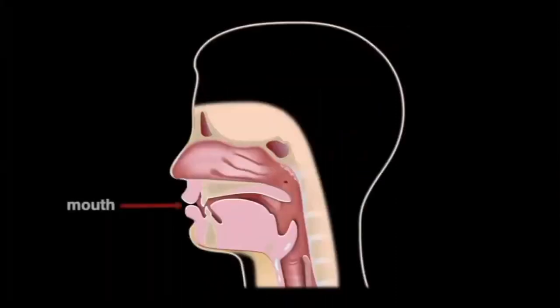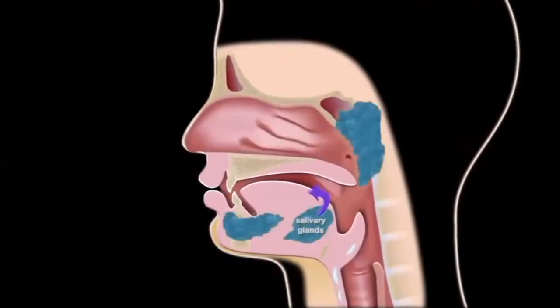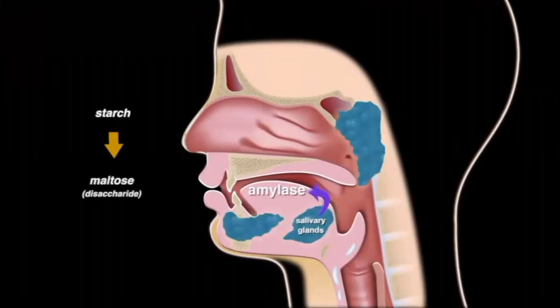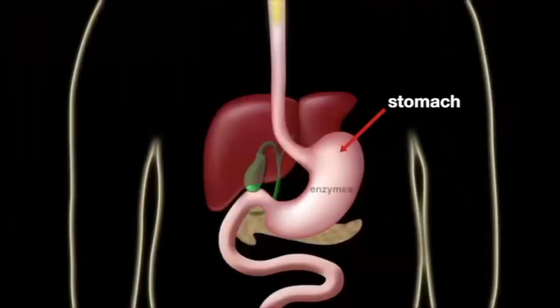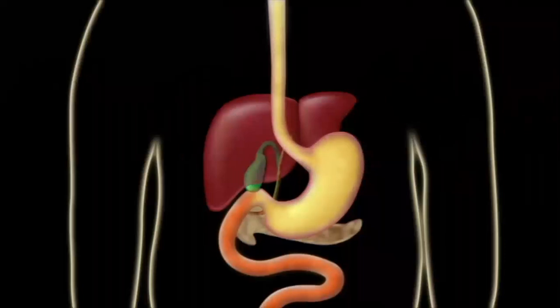Chemical digestion begins in the mouth. As food is chewed, salivary glands secrete amylase, which converts starch into maltose, a disaccharide. Enzymes and hydrochloric acid in the stomach continue chemical digestion. But chemical digestion mostly takes place in the small intestine. This begins in the duodenum, the first section of the small intestine.